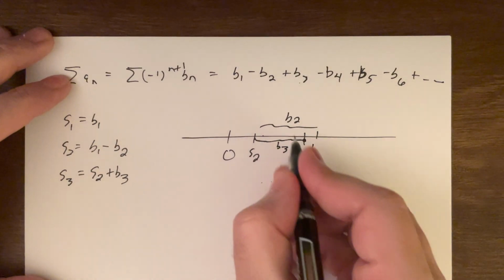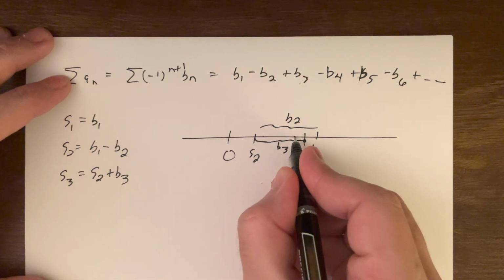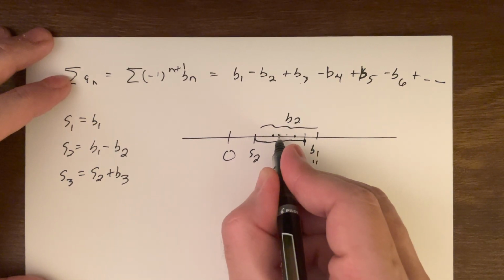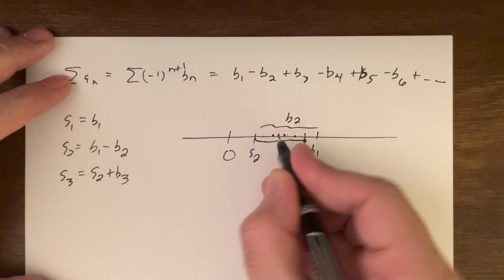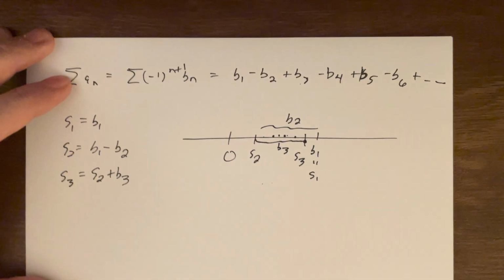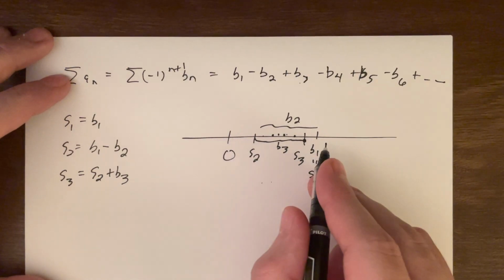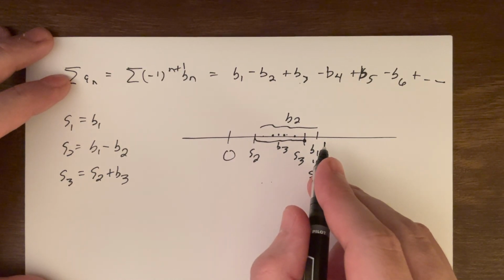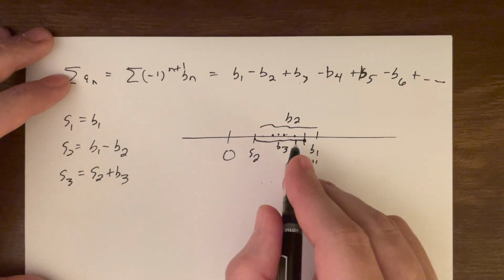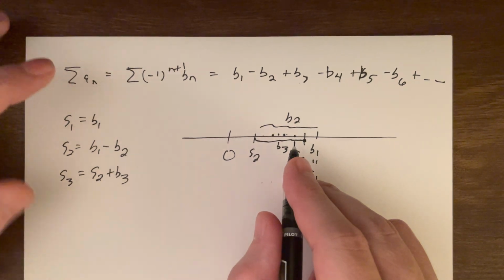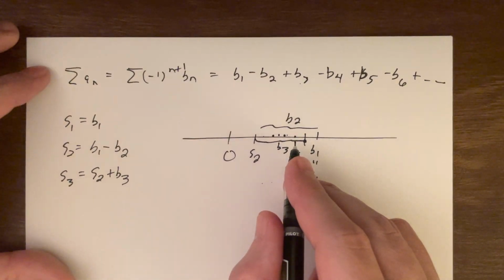So it's like I go, here is S4, then here is S5, then S6, then S7, then S8, then S9. I just keep pushing that sum closer and closer and closer. And that has a lot to do with boundedness and monotonicity. But eventually, that's why we know those two simple conditions will guarantee this alternating series converges.